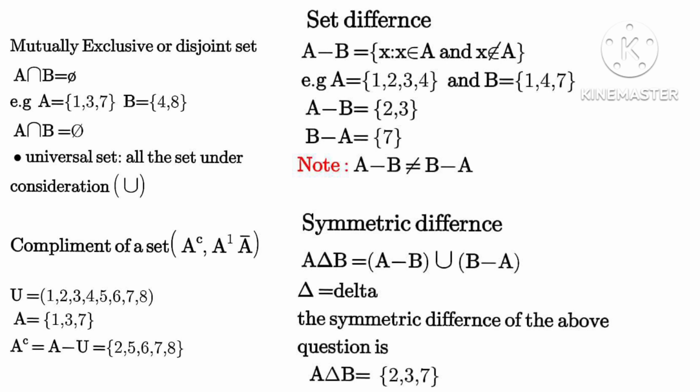So if you take the union of A minus B and B minus A, you know, in the previous slide I explained what union means. So you bring everything together. The union should give you 2 3 and 7. So we have 2 3 7.